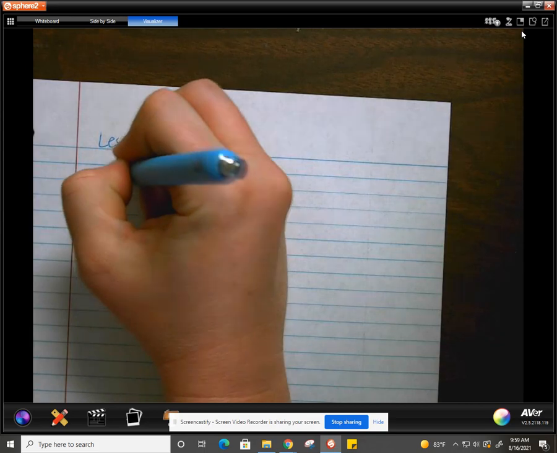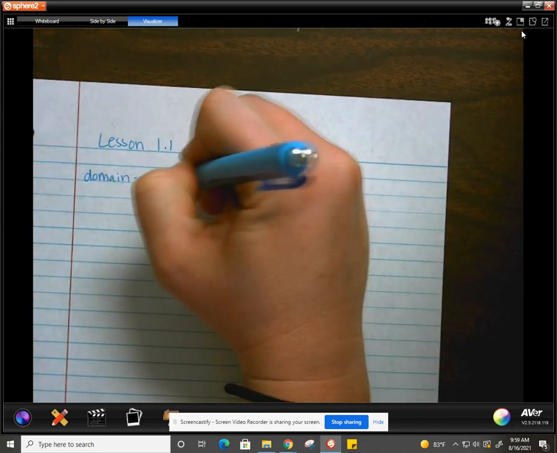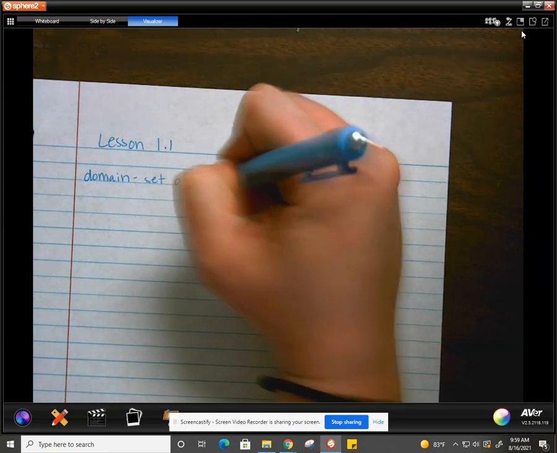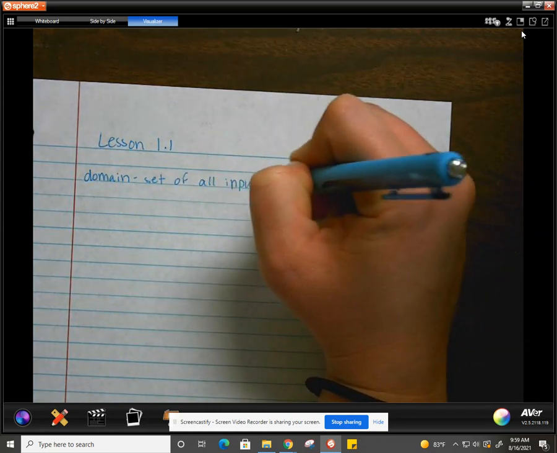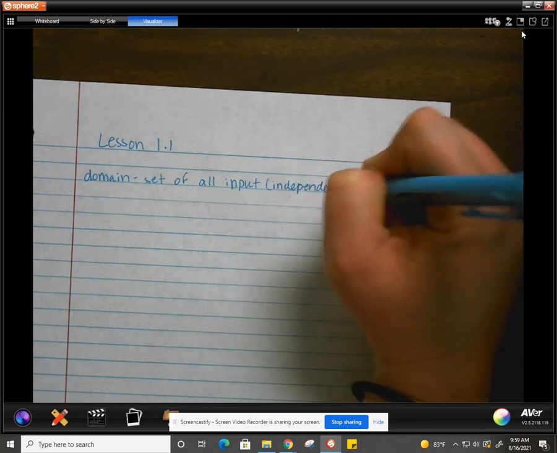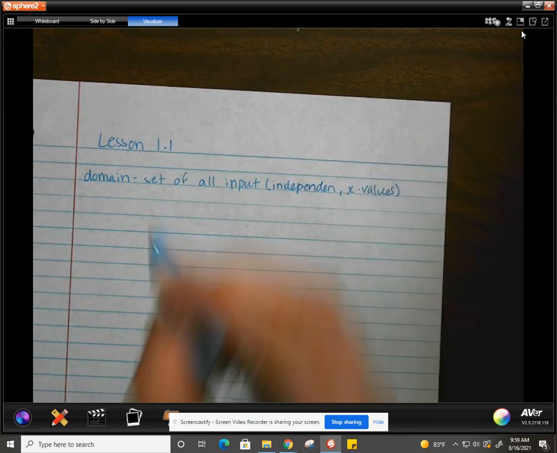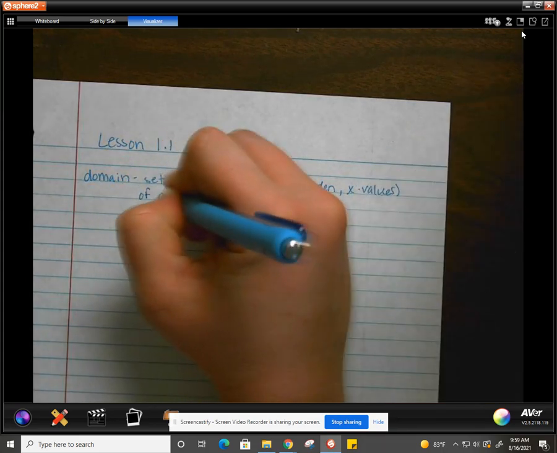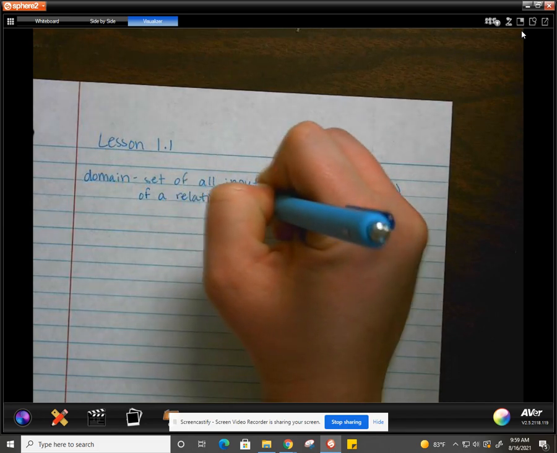domain, this is just the set of all input, which means independent, and or x values of a relation or function.